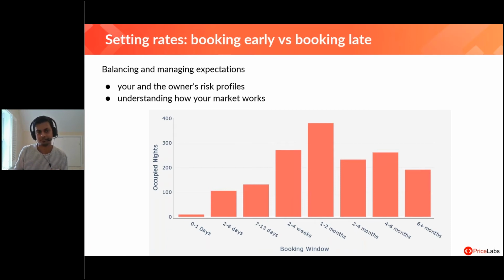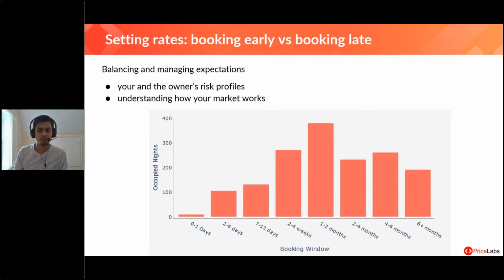The folks who prefer early bookings like to know that they already have some revenue lined up. The ones who are okay with getting booked late might have seen market data suggesting that plenty of bookings come within the last 3 months, so you don't have to worry about not getting booked a year out.